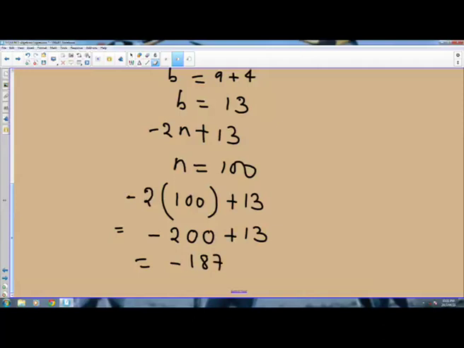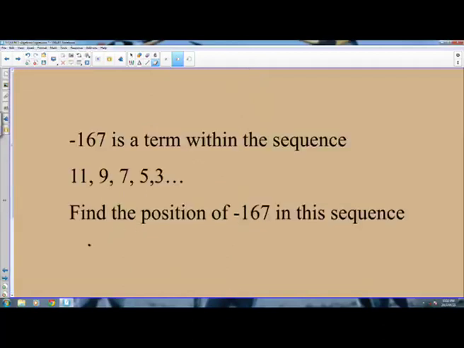So the term at position number 100 will be negative 187. This is how we apply the concept of algebraic form to find a term at a particular position. And then let us go on and have a look at another example.